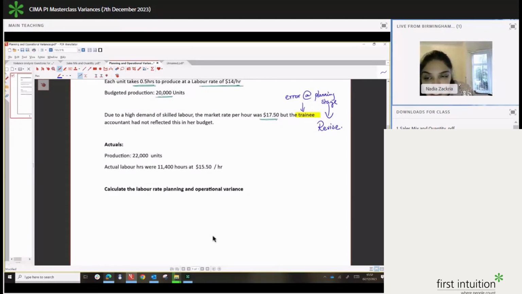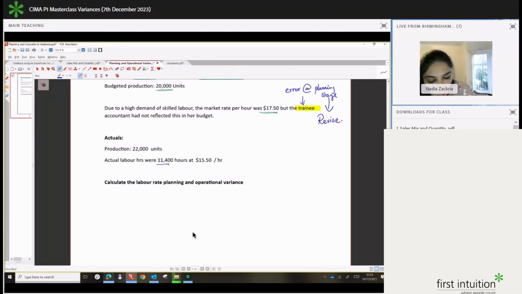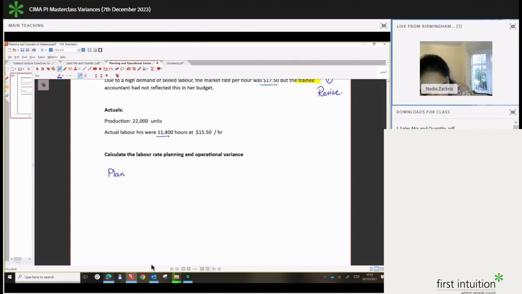Then we've also been given our actuals, which is 22,000 units, actual labor hours 11,400 hours at $15.50. When you're doing your planning variance, you've got to think about the units that you've got to produce. Are you going to take your actual production, or are you going to take your original production at the planning stage?